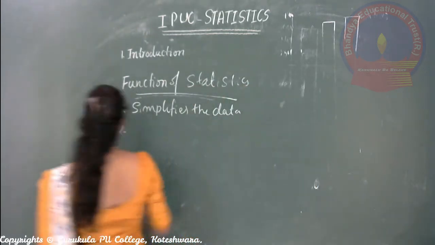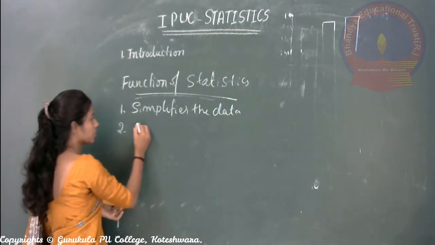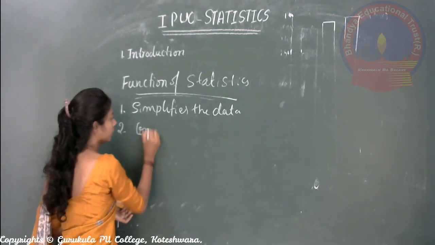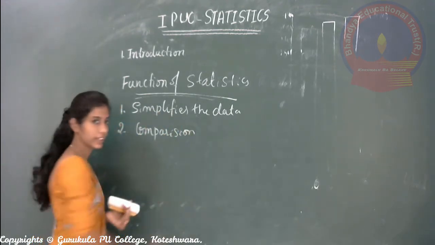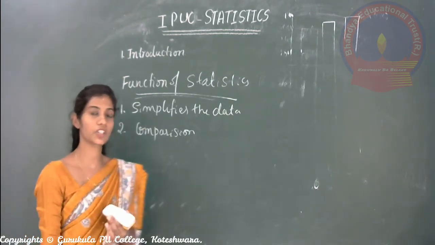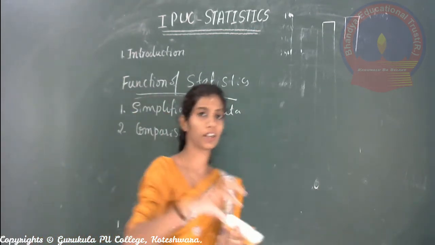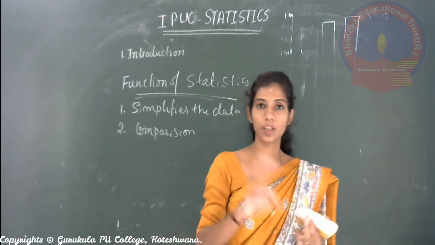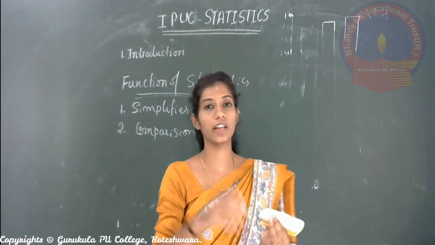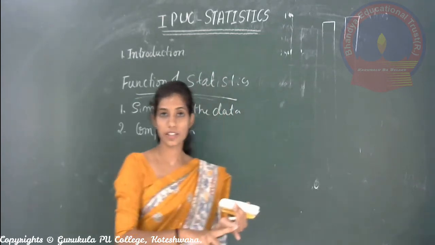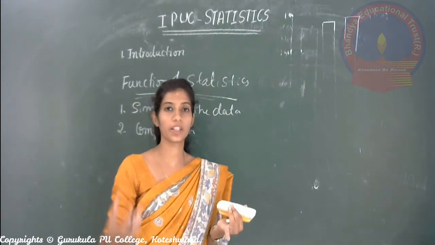So the next one is, it facilitates comparison. Comparison can be done. How can we do the comparison? In schools and colleges you can compare one student with another. If you consider marks, you can easily tell who is the highest scorer, who is a better performer.